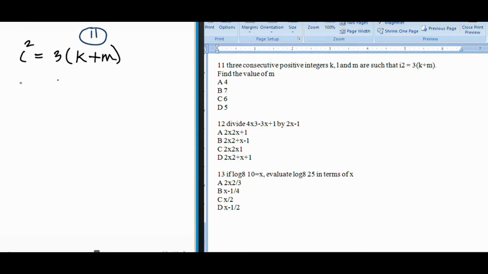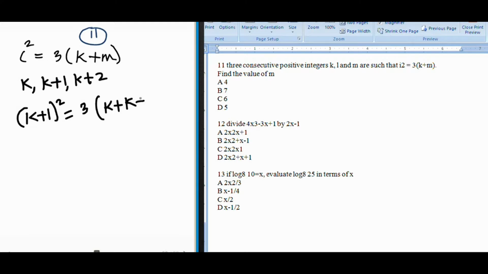Here, we can now say that our K is K, our I is now K plus 1, our M is now K plus 2. Then I square will now be K plus 1 all square will be equal to 3 into K plus M. But remember, our M is now K plus 2.